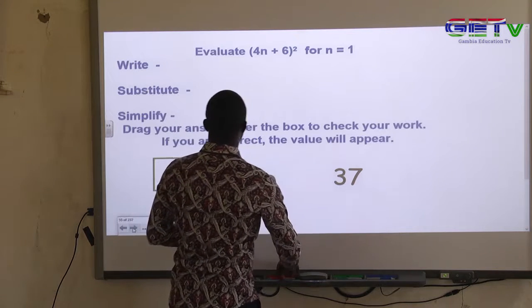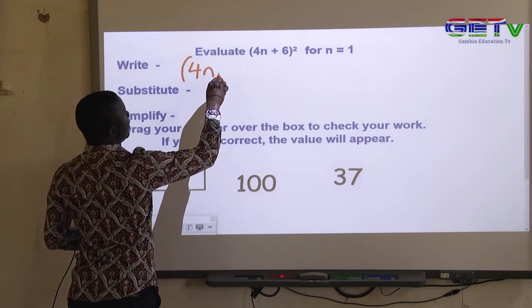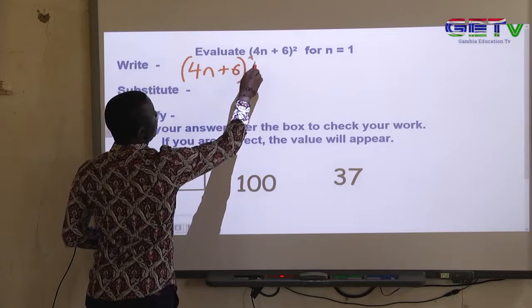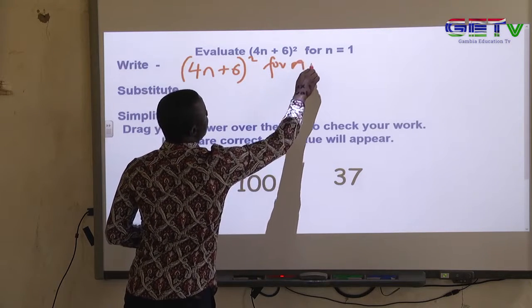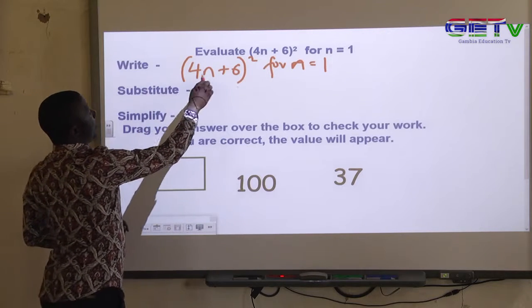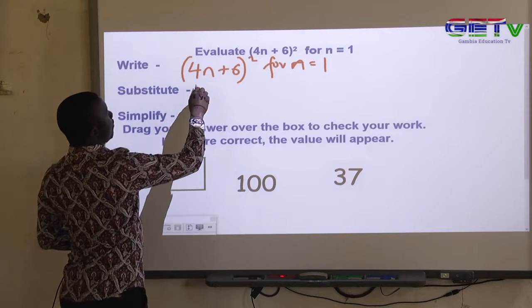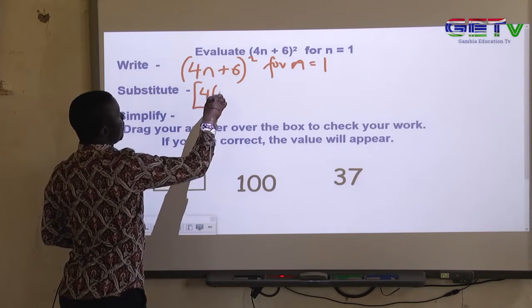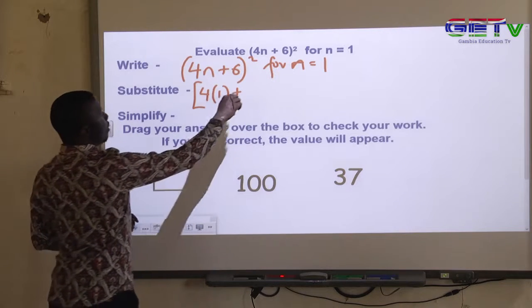Our next question here is evaluate (4n + 6)² for n = 1. We rewrite the expression, (4n + 6)² for n = 1. So we substitute as our second step: 4 times 1 plus 6.